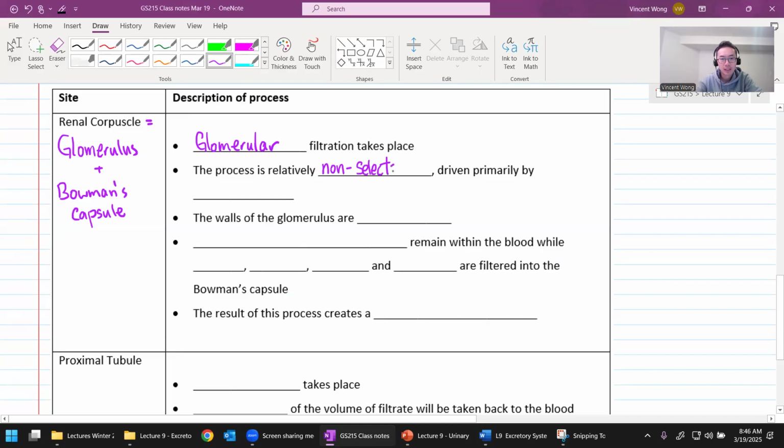And we're not really picky about what goes out of the blood at this point. And like a bunch of stuff goes out. Okay? We'll fine tune it later. But for now, just get rid of a lot of stuff. Water, nutrients, waste, everybody goes. And we'll sort through the mess later on. And this process is driven primarily by blood pressure.